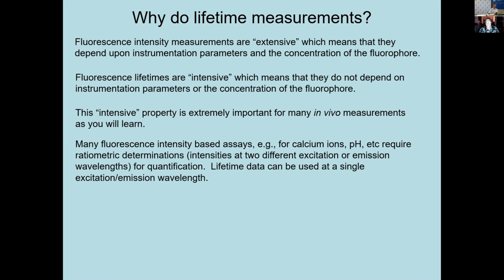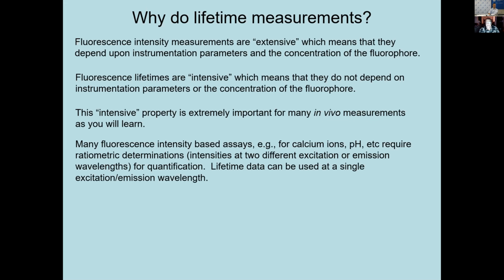Now, many fluorescence intensity-based assays for different ions like calcium, etc., require ratiometric determinations. I mentioned that a little bit when I mentioned calcium probes yesterday. That is, you need to do intensities at two different excitation or emission wavelengths in order to quantify how much material is in there.